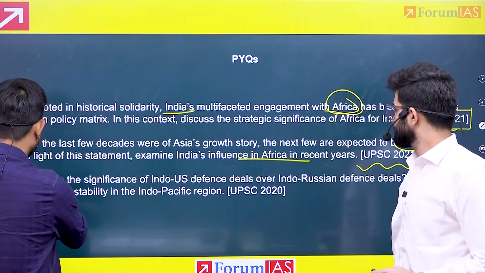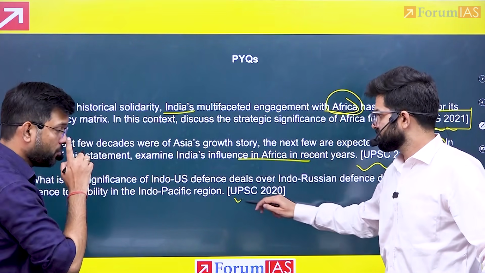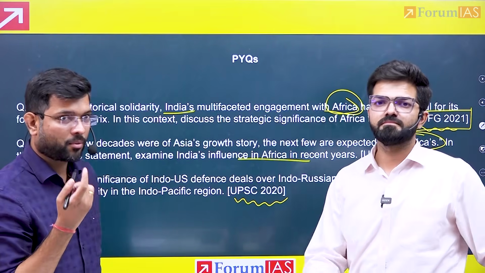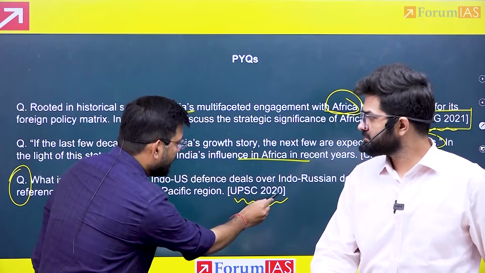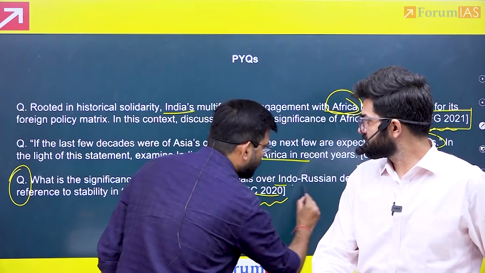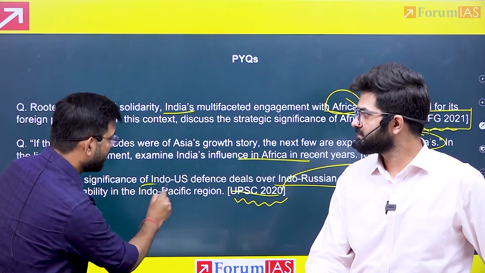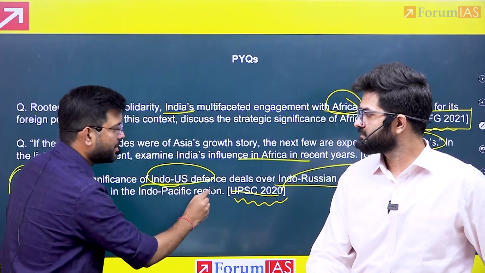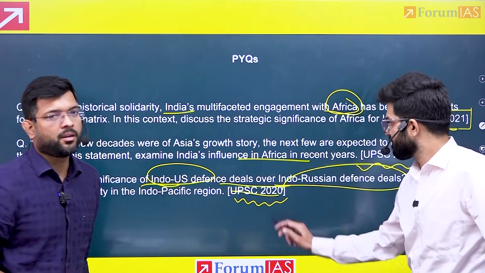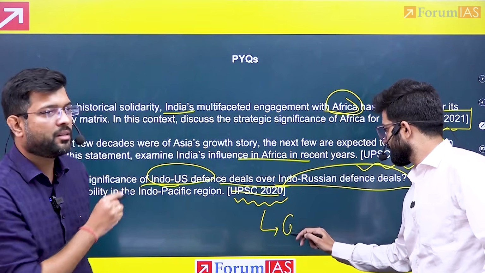Now, in this question, what we want you to understand is how to make that guesswork good. The 2020 question talks about Indo-Russian defense deals, and the significance of Indo-US defense deals over the Indo-Russian defense deals. Why was this question asked in 2020?